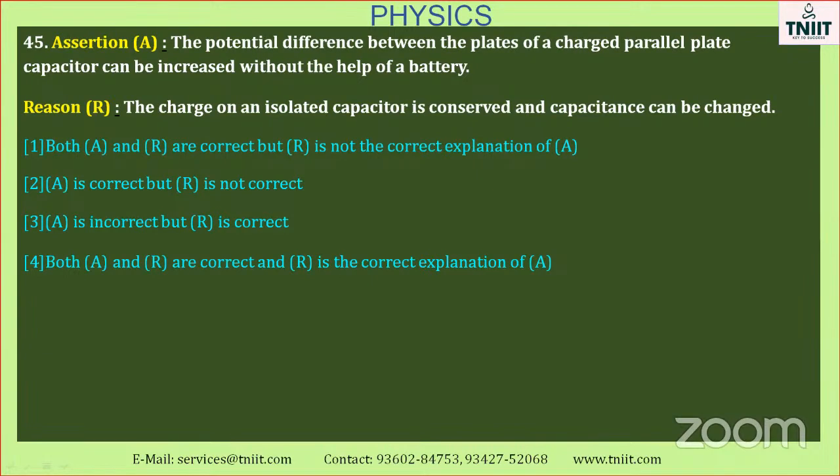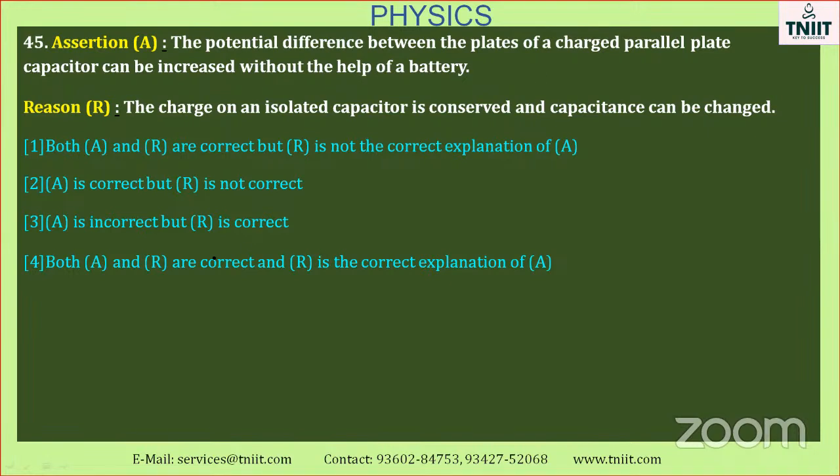They have given two statements, isn't it? One is the assertion, the other one is the reason. Look at the assertion statement: the potential difference between the plates of a charged parallel plate capacitor can be increased without the help of the battery.